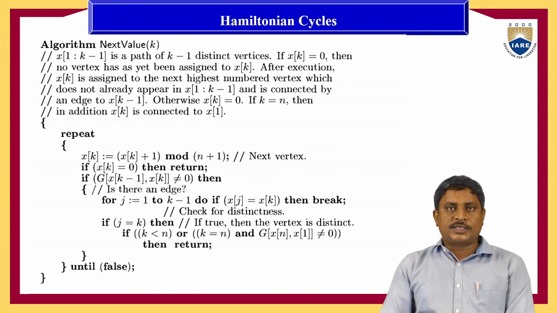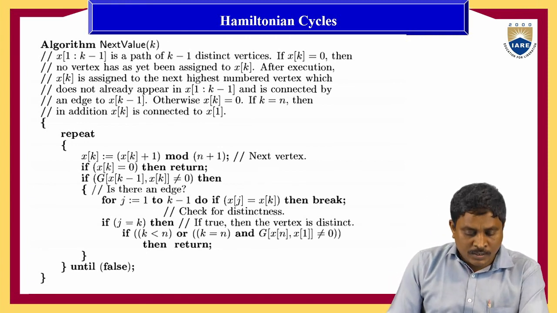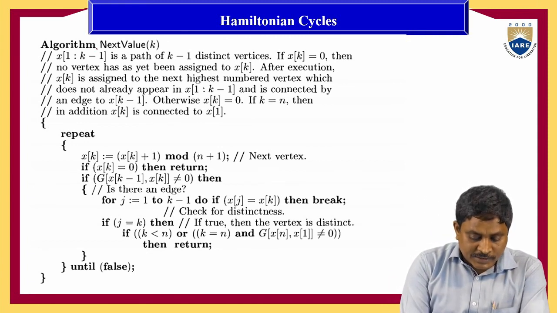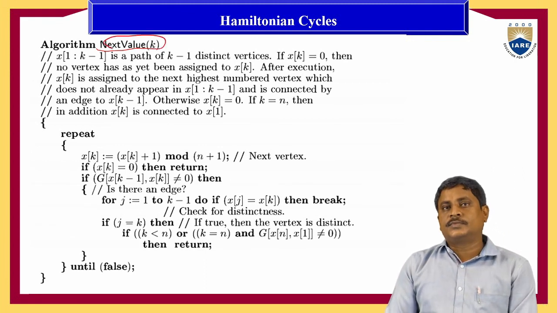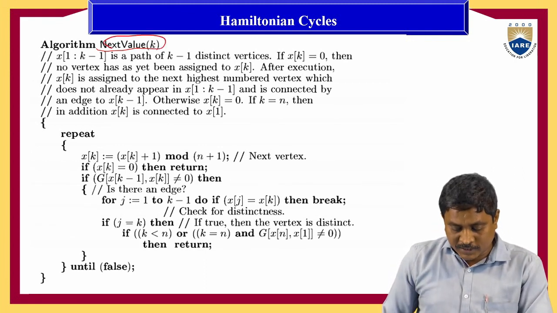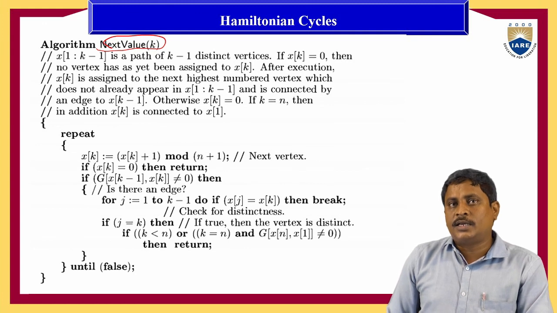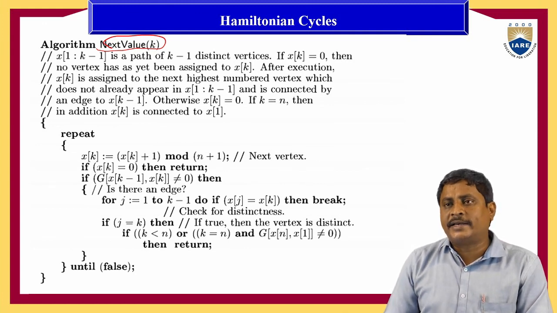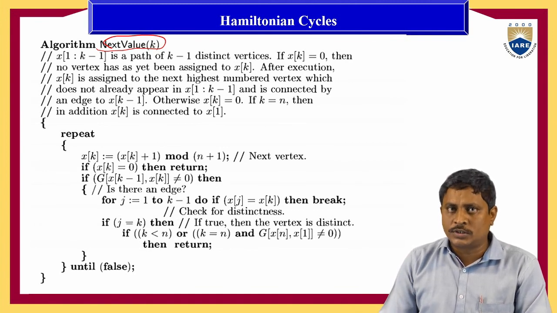Next, we come to this algorithm, the next of K algorithm. The next of K is used to find the next adjacent vertex of the present vertex which we choose.